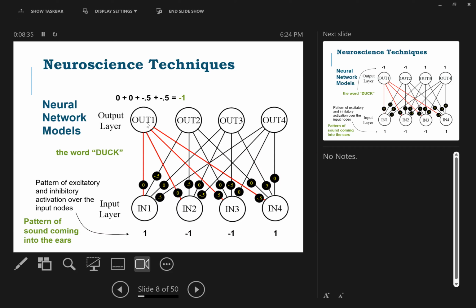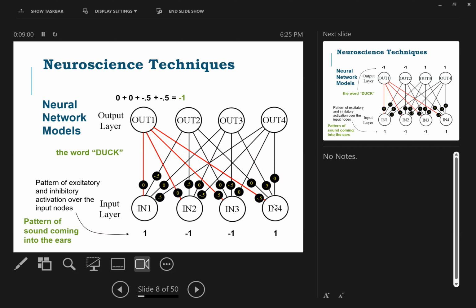But what doesn't make sense is when you said output 1 was not inhibitory. No. I'm saying the connection from input 4 to output 1 is inhibitory because it's -0.5. Right. That's an inhibitory connection. Input 4 is firing above a baseline.